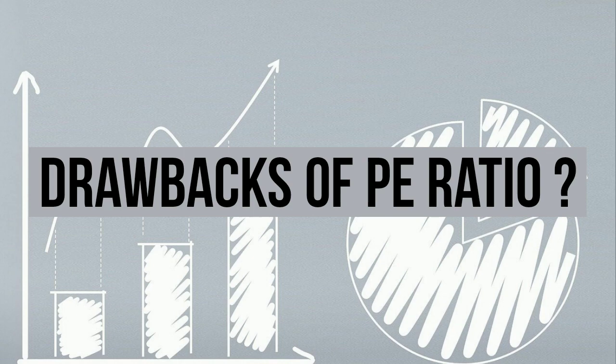So, if you find a low trailing PE for any such cyclical company, don't get tempted. These are the major drawbacks of PE ratio. And also, just by looking at a stock with a low PE, you can't declare it as undervalued. Various other factors should be accounted for before reaching the final decision.